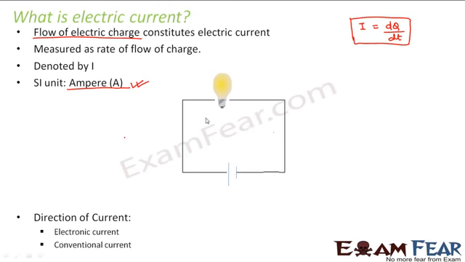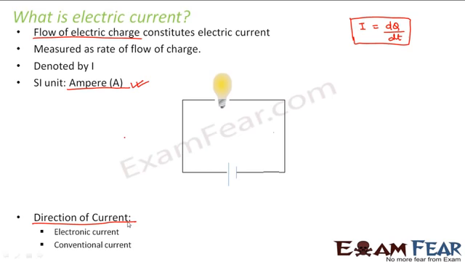Right? Now there is something called direction of current. So what is the direction in which the electric current flows? As far as direction is concerned, we will talk about two types of current. One is electronic current and the other one is conventional current. When we talk about electric current, we talk about flow of electric charge. So basically we are talking about the flow of electrons.